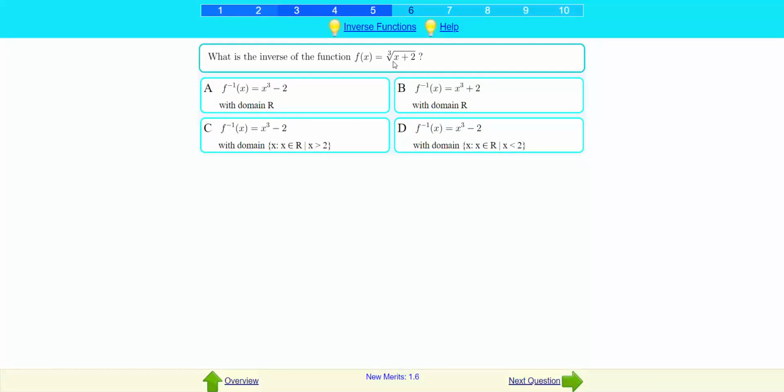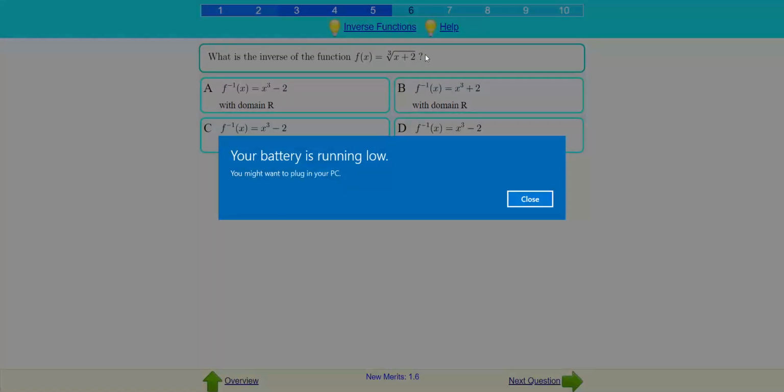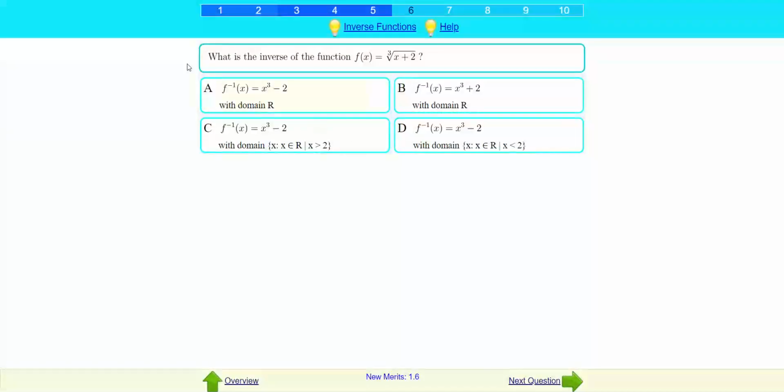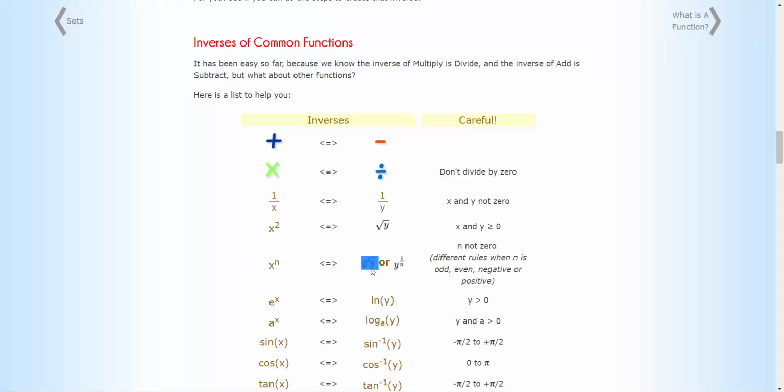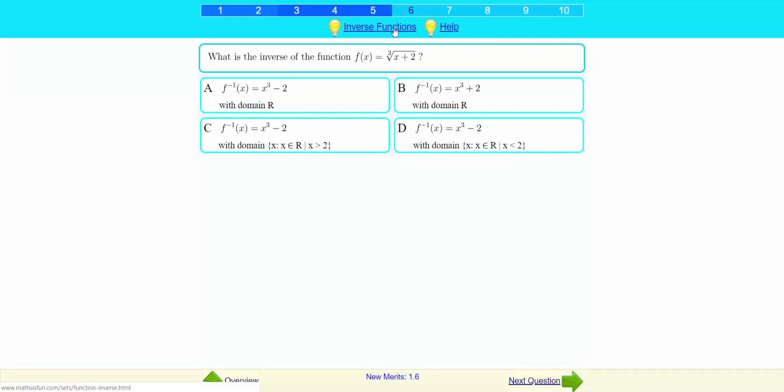So this would be x to the power of n, which would be x plus 2 to the power of 3. I need to plug it in. One second. So I was saying x to the power of n basically eliminates. So x to the power of n becomes n to the power of x. So in this case, it becomes x plus 2.